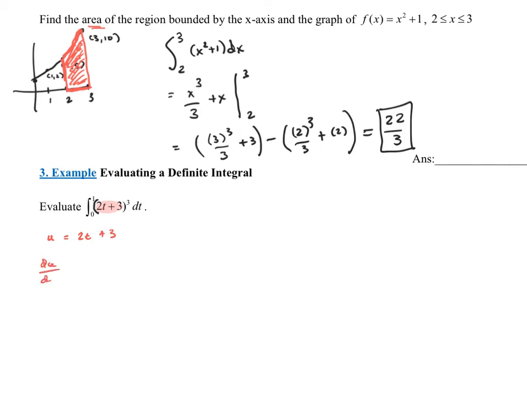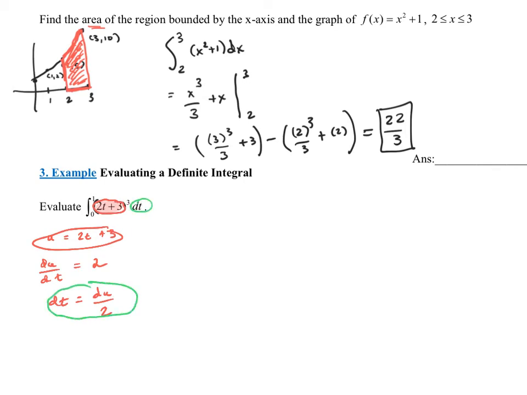Well, I take the derivative of both sides. Except, this time it's not the derivative with respect to x, it's the derivative with respect to t. The derivative of 2t plus 3 is simply a 2. Solving for dt, I'd multiply both sides by dt, divide both sides by 2, I'd have du over 2. Remember, I always substitute in for u, and I substitute in for dt in this case.